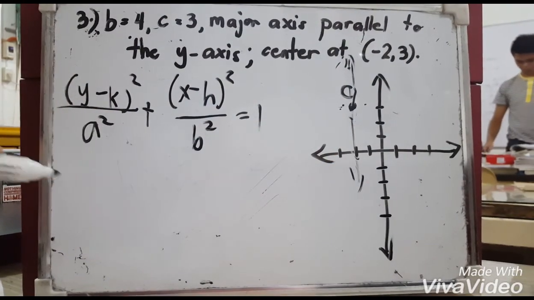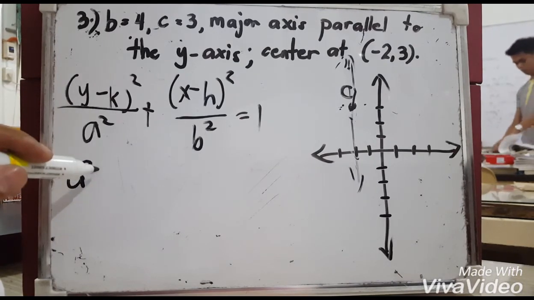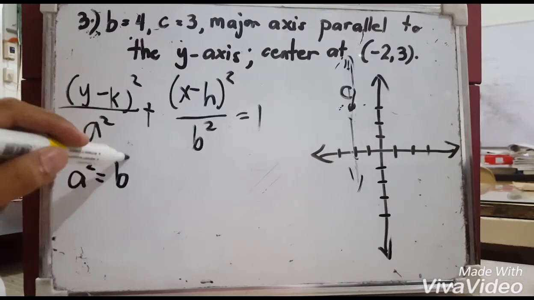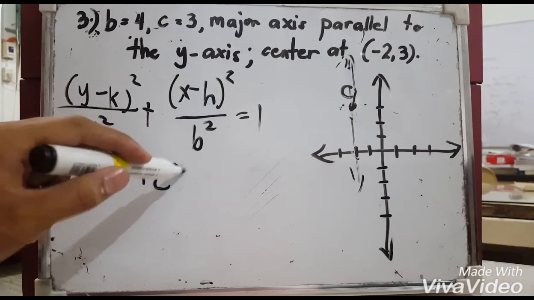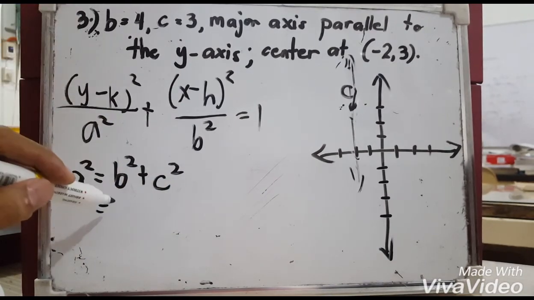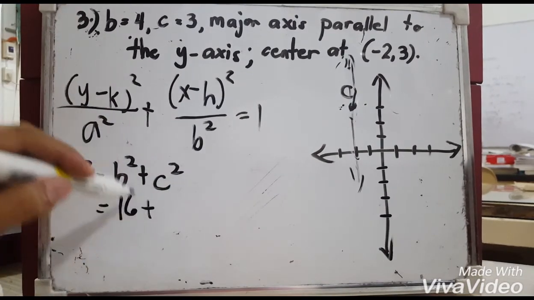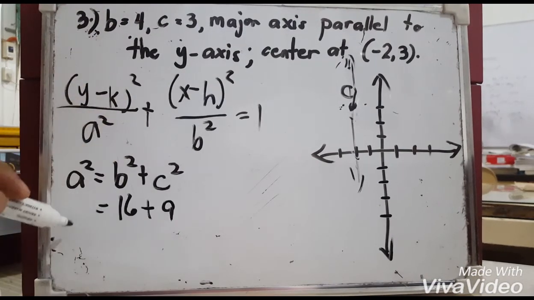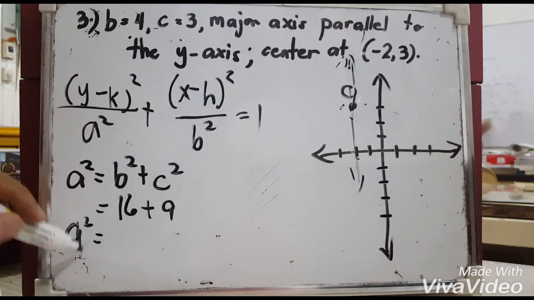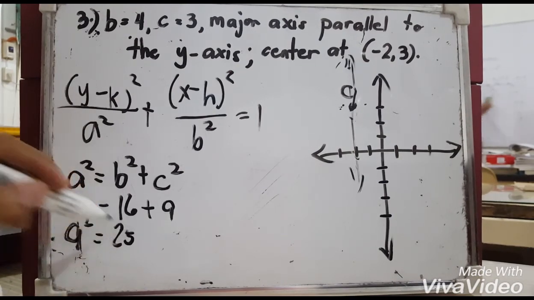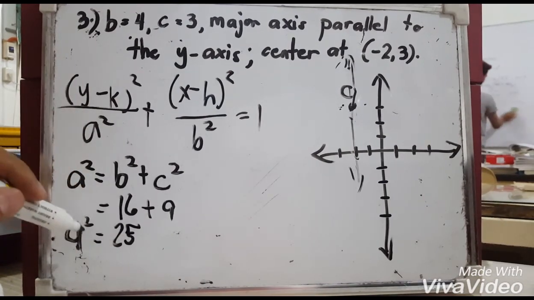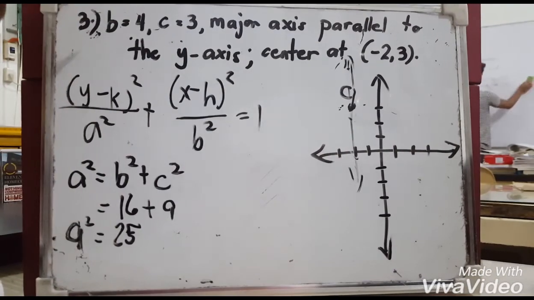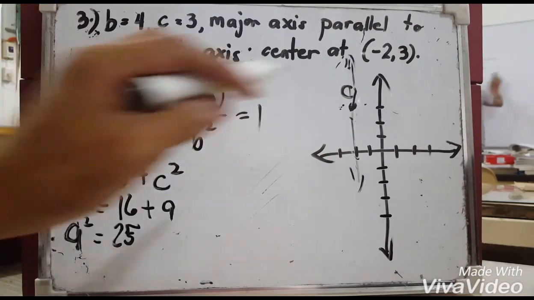To solve for a squared, applying the formula, a squared is equal to b squared plus c squared. So from here, we now have b squared is 16, and then c squared is 9. So that a squared is equal to 25. We can also have here b squared equal to 16, and we have h and k.